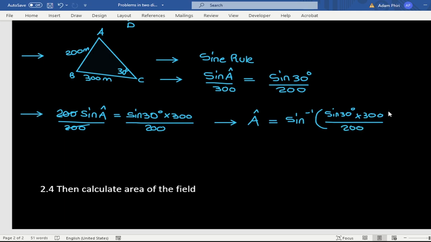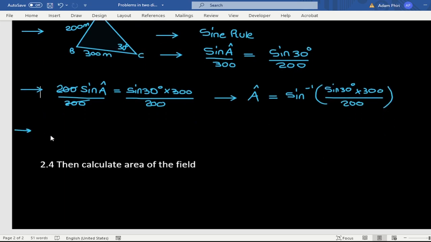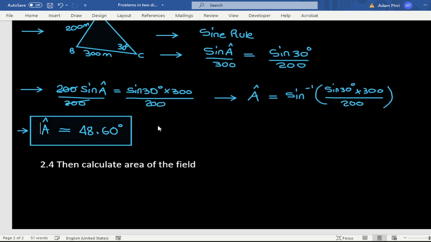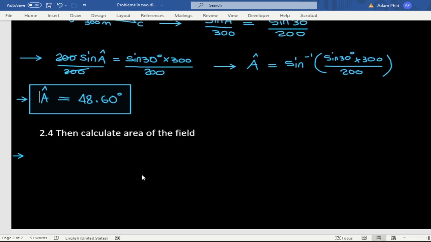Punching that in the calculator, we have 48.60 degrees. So that's our value for angle A.